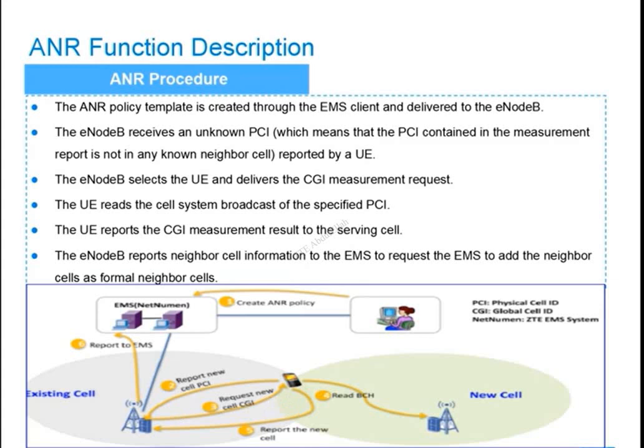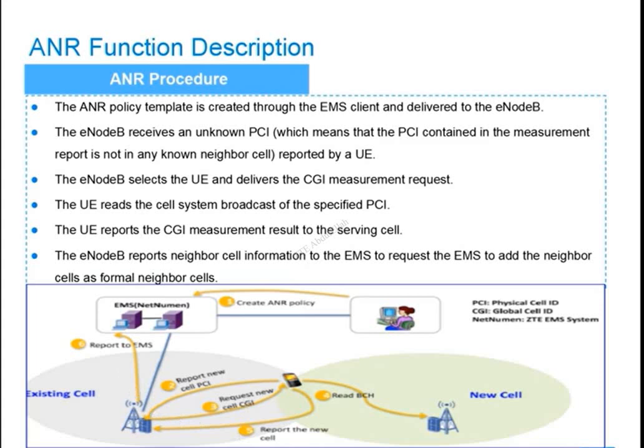The selected UE will read the cell system broadcast information to get the specified PCI, and later the UE will report it to the serving cell. It will report the MR, which contains the PCI and also the RSRP information.